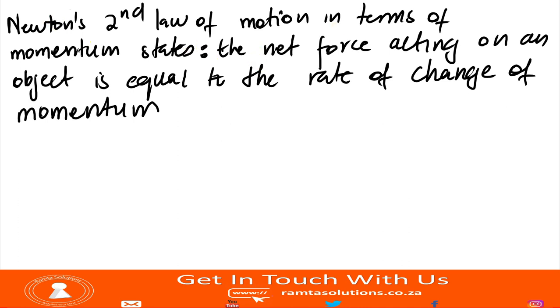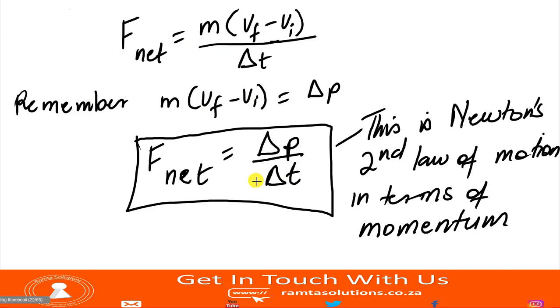Let me underline it in red, just so you may know. Newton's second law of motion in terms of momentum states the net force acting on an object is equal to the rate of change of momentum. Let's go back. Here it is.